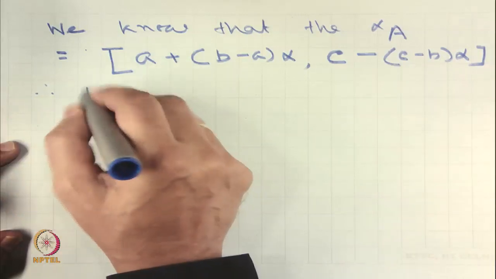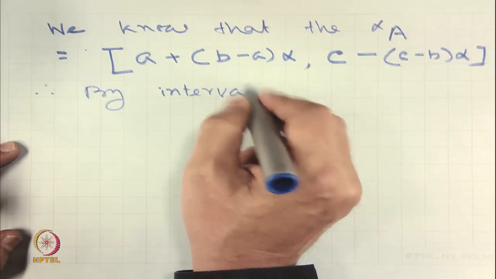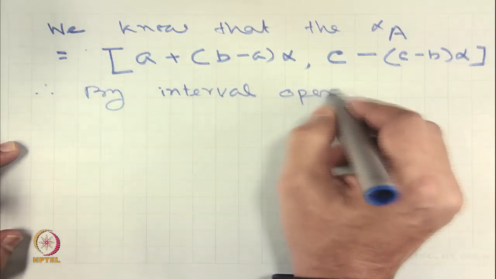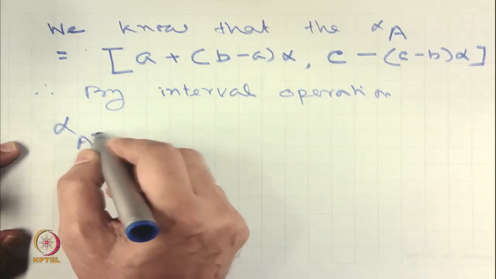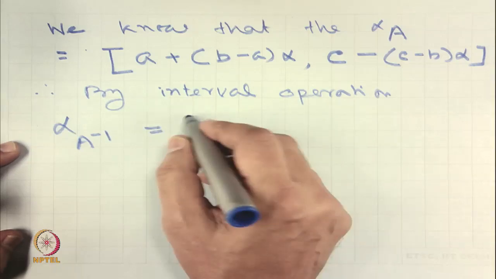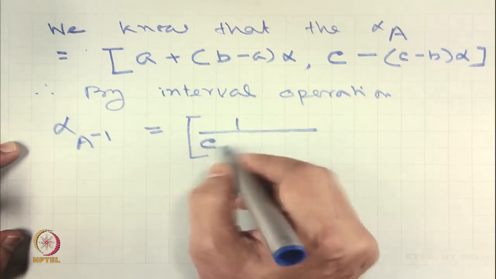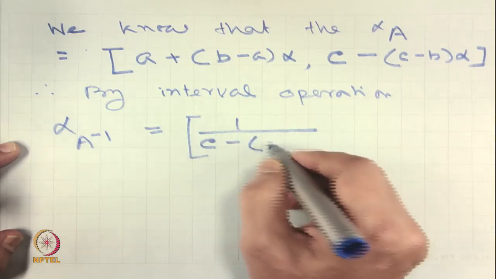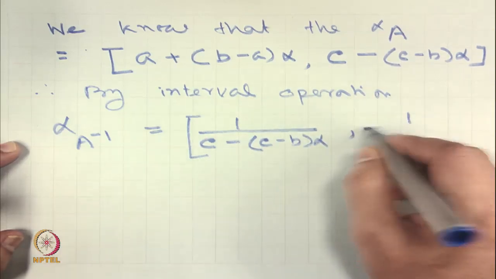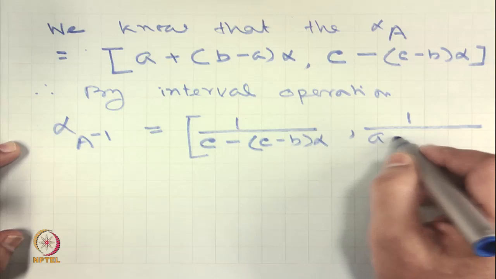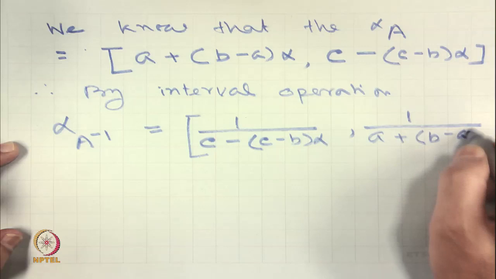Therefore, by interval operation, alpha cut of A inverse is equal to 1 upon C minus C minus B alpha to 1 upon A plus B minus A alpha.